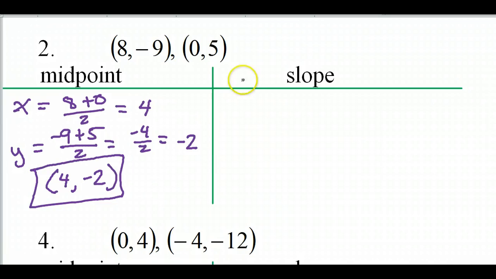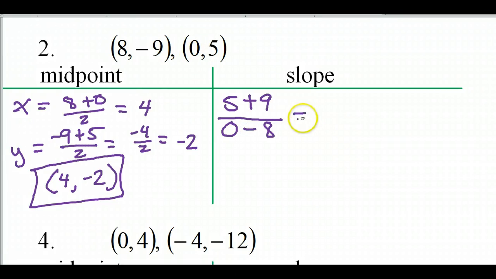Slope, y minus y over x minus x. This time I'm going to do 5 minus negative 9. So that's going to be 5 plus 9 because I did minus a negative. Anytime the second number is going to be negative, I go straight to addition. I recommend you do the same. Since I started with the right hand point, I'm going to start with 0 when I do the x's: 0 minus 8.